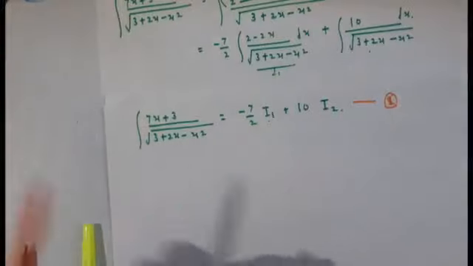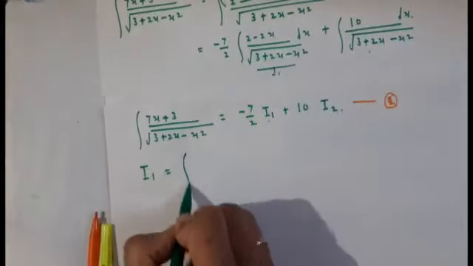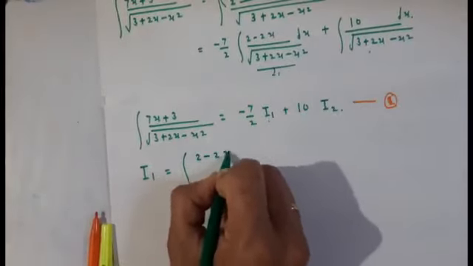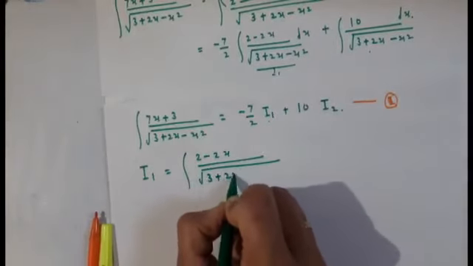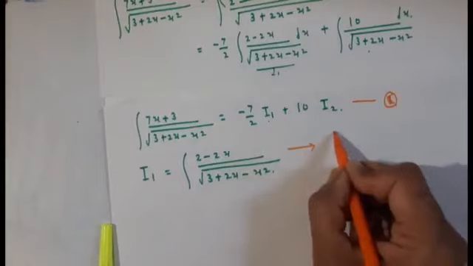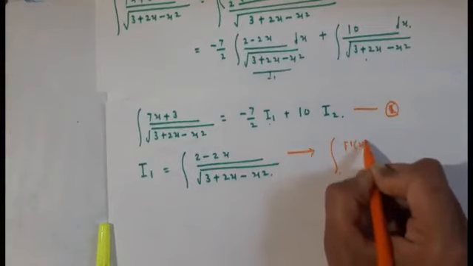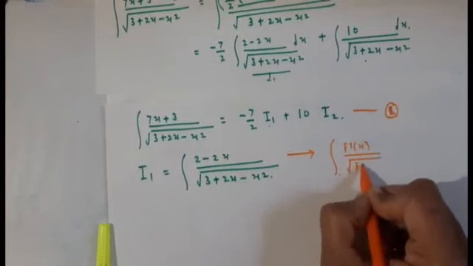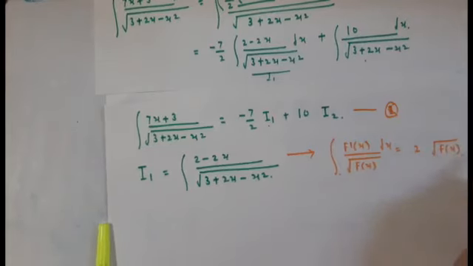Now let us find out the first integration, that is I1. I1 is equal to the integration of 2 minus 2x upon square root of 3 plus 2x minus x square. Students, if you observe, this is an integration of the form f dash of x upon square root of f of x with respect to x, and its integration is 2 root f of x.